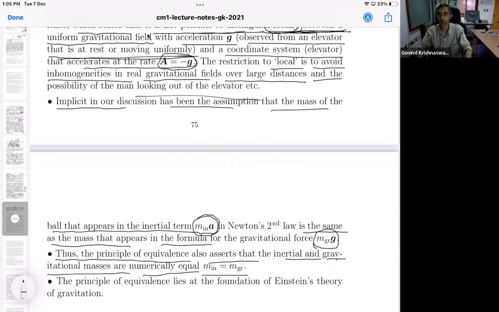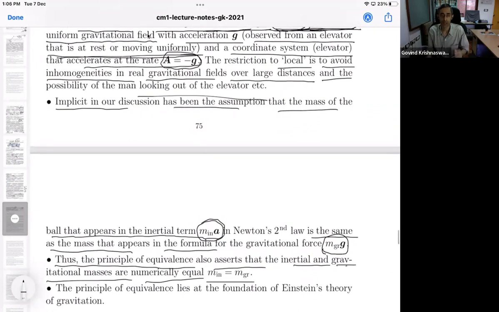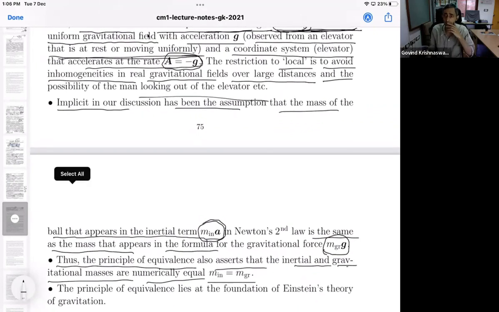If you go to a frame that is fixed in the top, that is no longer an inertial frame, and one would like to see how physics looks in such a frame. I'm not discussing that over here because of some shortage of time, but I thought at least we should have the idea of uniform acceleration and how it's related to the equivalence principle.